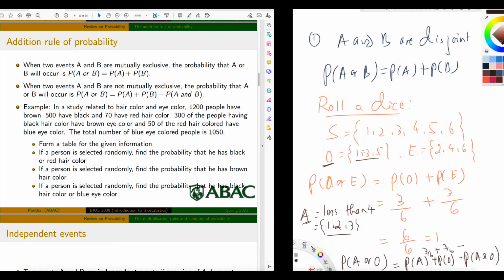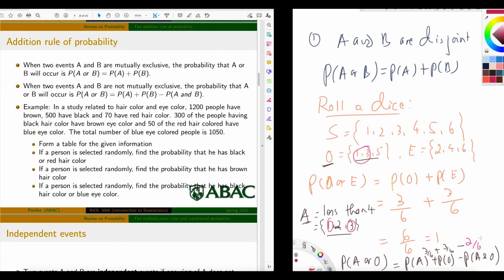Minus, what is the common outcome in A and O? 1 and 3 are common on both. O has 1 and 3, and A also has 1 and 3. There are 2 in common, so the number of outcomes in A and O is 2 over 6.